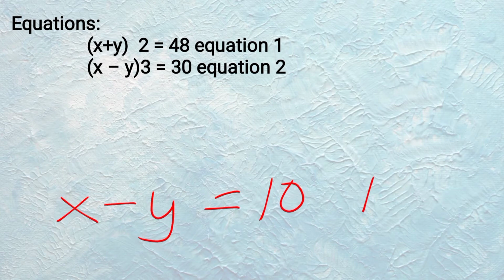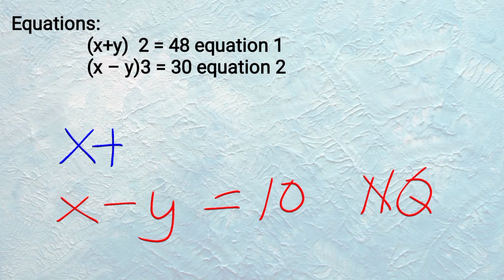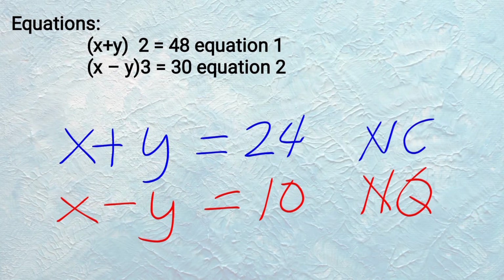That is our new equation from equation number 2. Let me rewrite the new equation from equation number 1, which is 24. So the system obtained is x plus y equals 24 and x minus y equals 10.